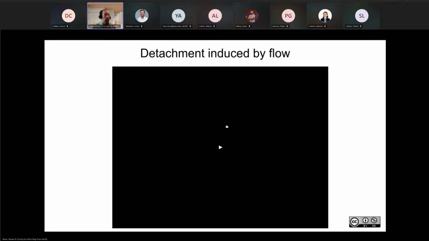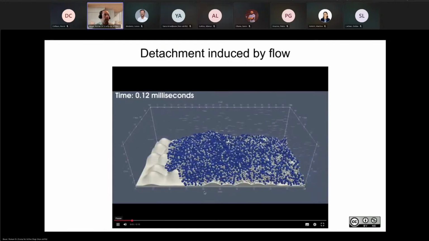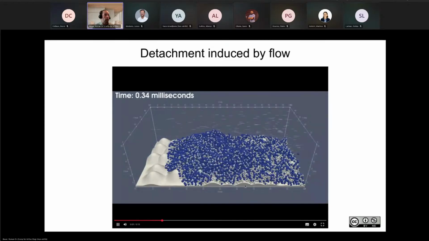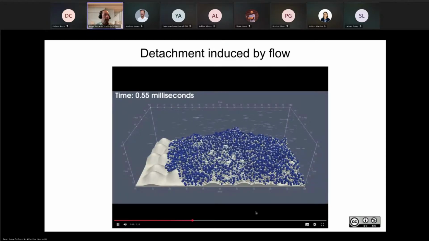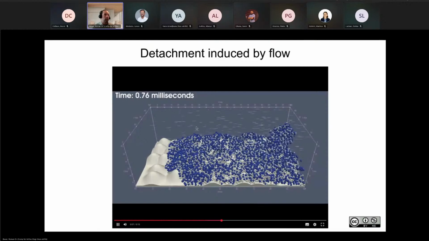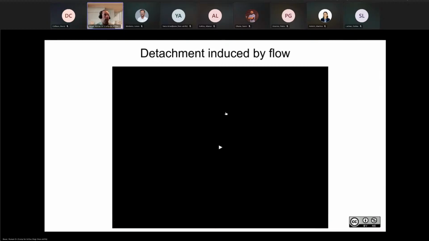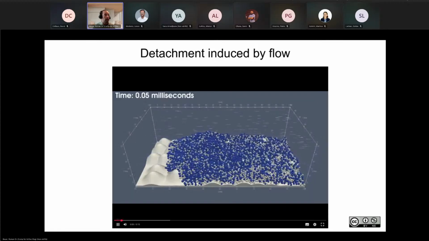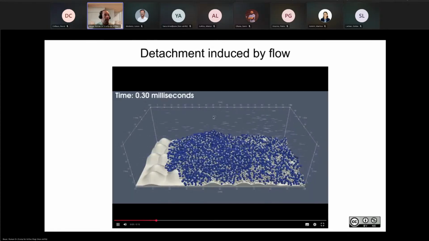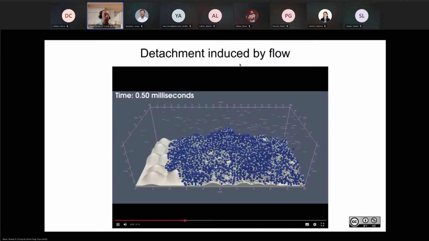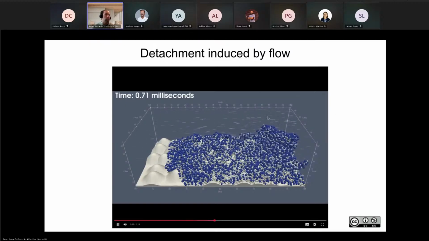Then we also simulate complex fluid dynamics in interaction with those biofilms and with the substrate. So there's a lot of things that come together here, right? We simulate biology in the form of bacterial behaviors. We simulate complex fluid dynamics by interfacing BioDynamo with OpenFOAM, which is a library to simulate such processes.